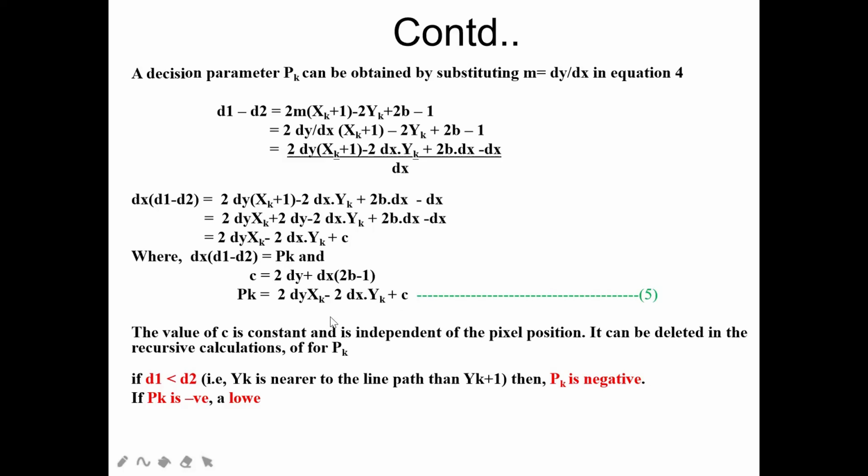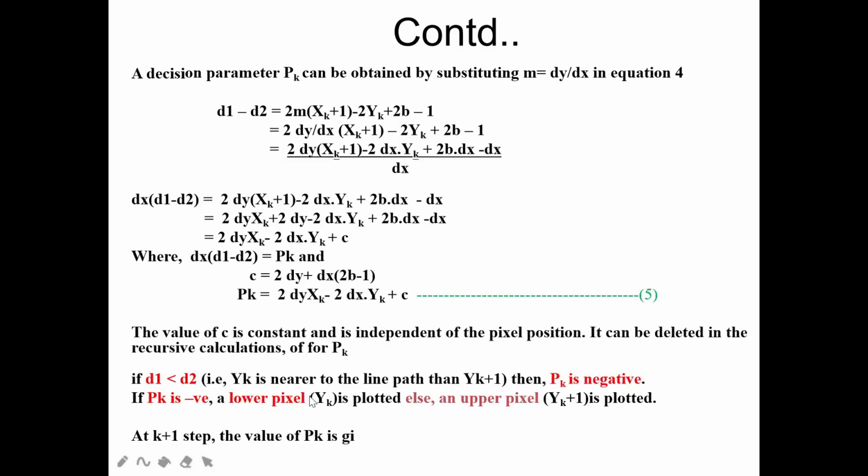Now, what are we going to do in the next step? If the value of c is constant and independent of any of your pixel positions, then you have to find the recursive calculations that you have to remember. Recursive calculations in the sense you have to go for the pk value. We will have two cases, one positive, one negative.